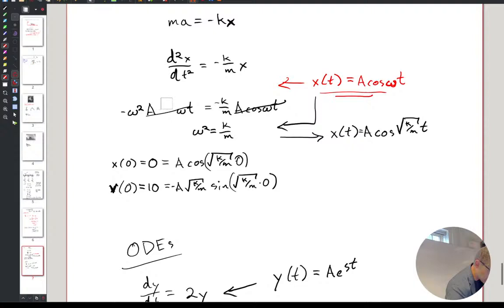This equation would still be sine and sine, right? If I plug in x of t is a sine omega t. So both of them are just as good of a solution.